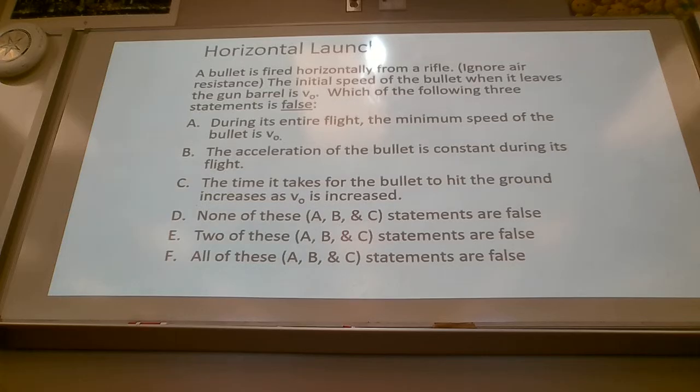A and B are true, C is false. Doesn't it slow down as it hits the ground? In free fall, we don't consider it after it hits. Even though it ends, it's getting faster.